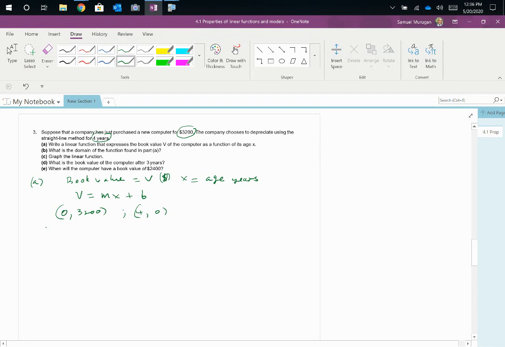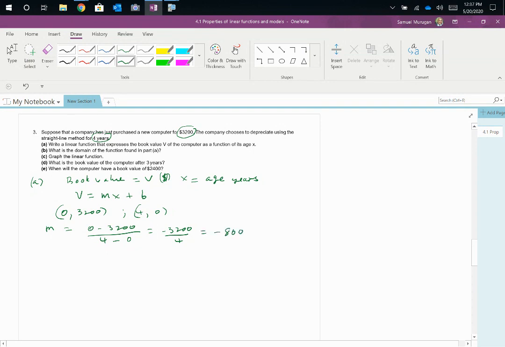So the slope is y2 minus y1 over x2 minus x1, which is negative 3,200 divided by 4, or negative 800.